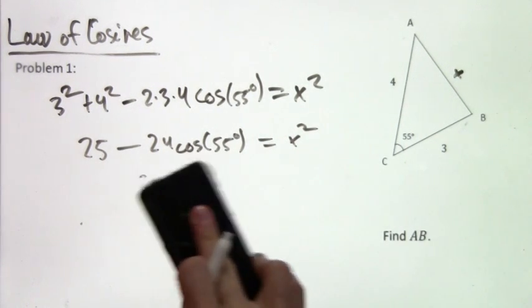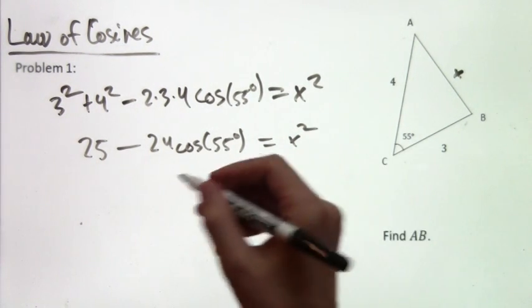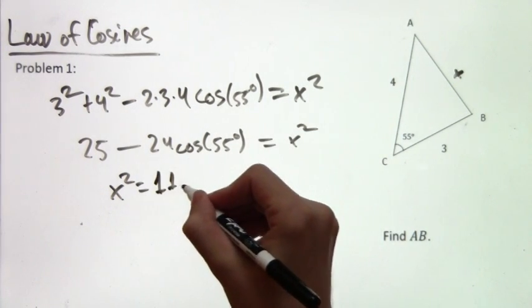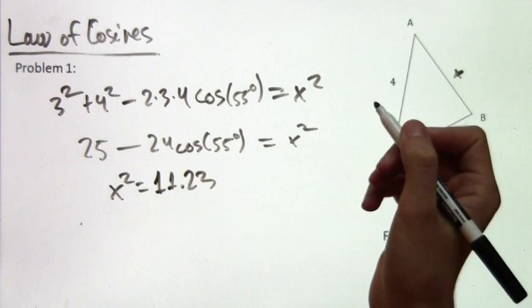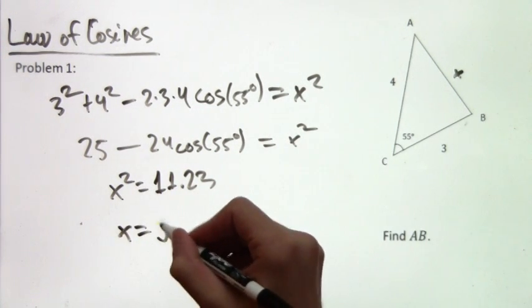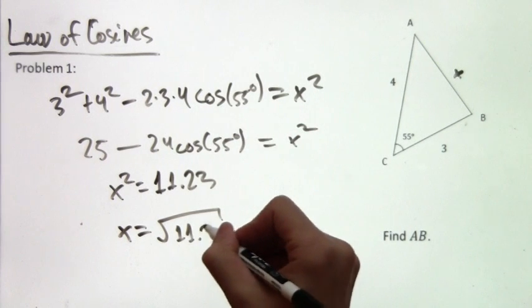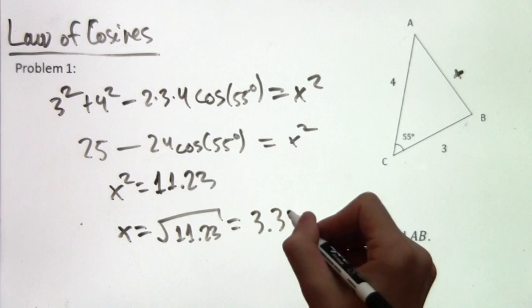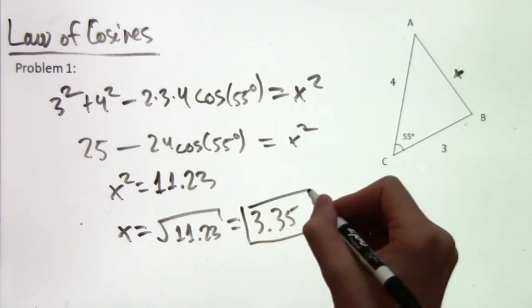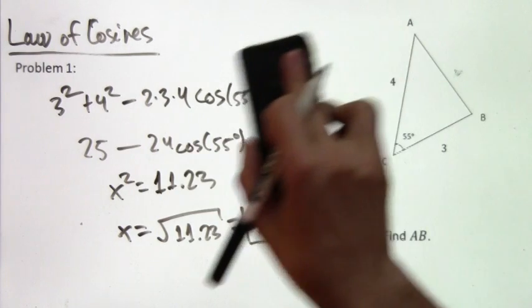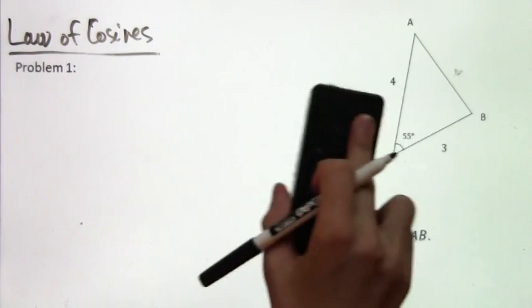So now we can plug this into a calculator, and the calculator will give us a decimal, and x squared is equal to 11.23. Then we take the square root to find that x is equal to 3.35. And that is the answer. The length of AB is 3.35.